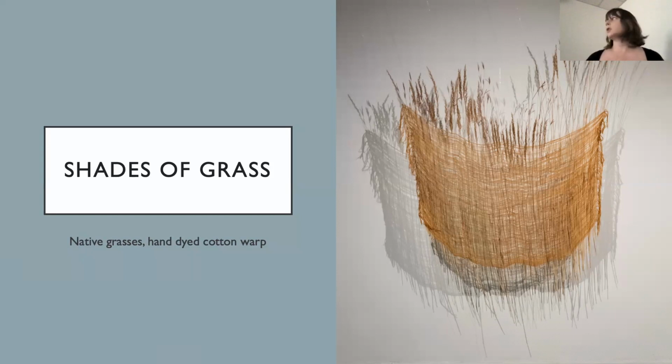So this piece, Shades of Grass, is prairie grass that was harvested at several different points in the season, from about late July to early October. And once I was collecting those, not really knowing what I was going to do with them, I noticed that they had these subtle shifts in color, kind of moved from green to reddish purples to golden yellows.